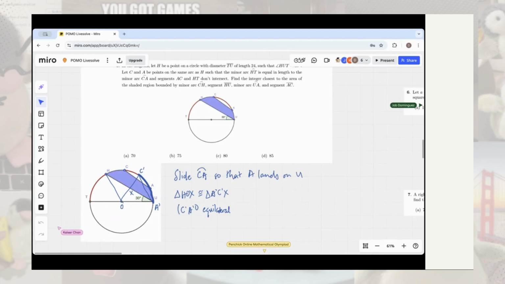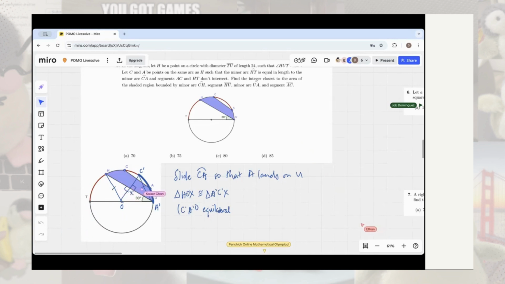And then this will mean that C C prime X A prime is a right angle, and since it's a vertical angle with this, you also get that this is a right angle. And then the equilateral triangle also indicates that HO equals C prime A prime.